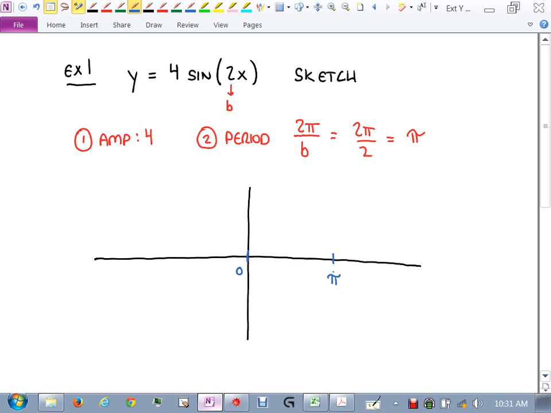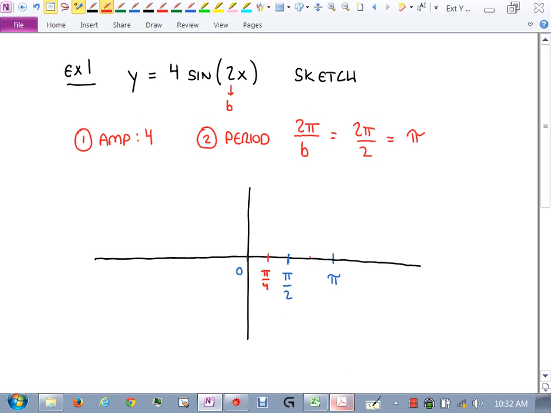Yes? But if you look back at all the things we've done, that middle point, both on sine and cosine, was always halfway between these two. So what is the point halfway between these two? Pi over 2. And then there was another important point that was halfway between those two, the point between here and here, which was pi over 4.